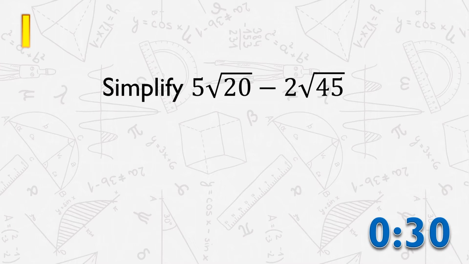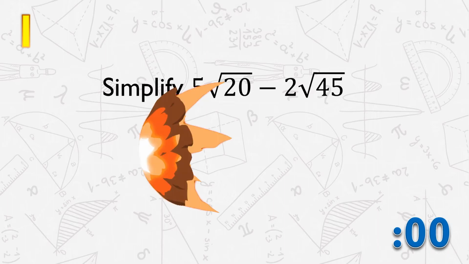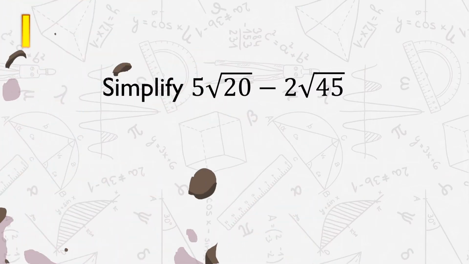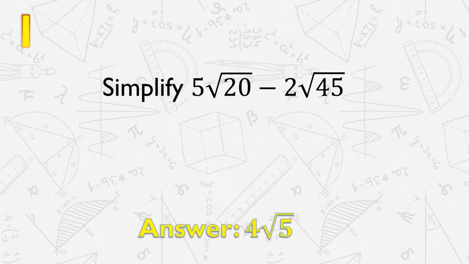Go. Time is up. Let us see the answer. It's 4 square root of 5.